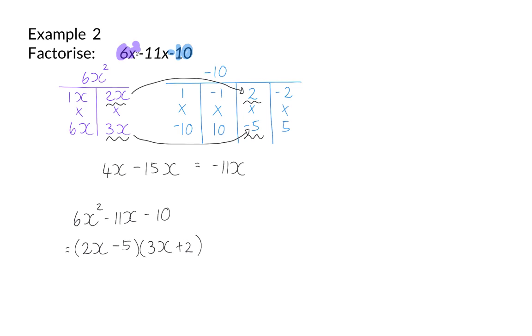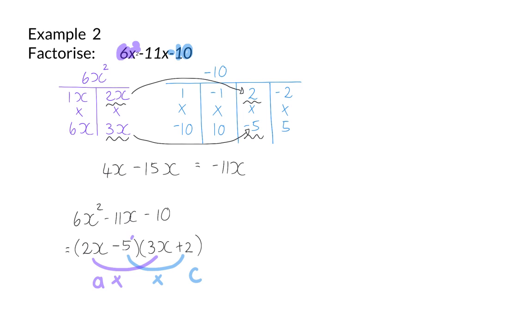If you want to test your answer, you can multiply the lasts in each bracket to form your c value, and here that is minus 10. To test our first term, our ax squared, we multiply the first in each bracket, and here that will give us 6x squared, which does have our a value in it.